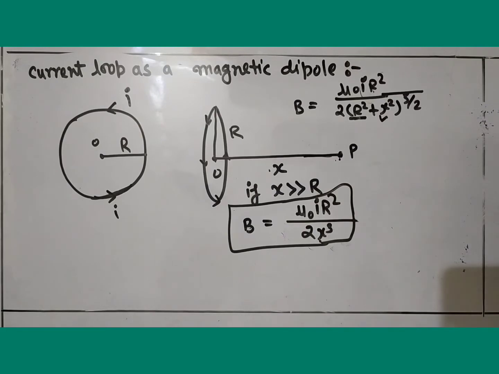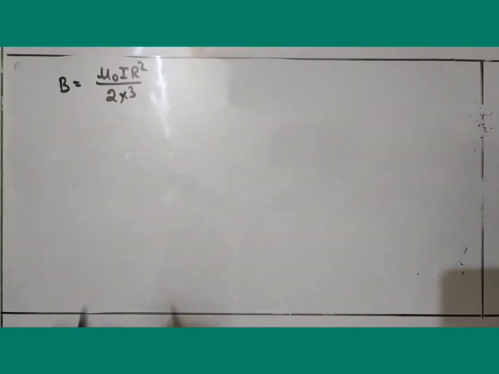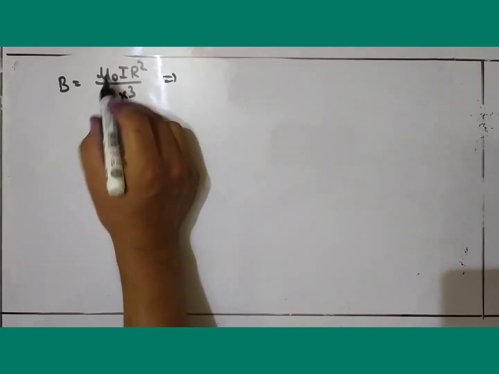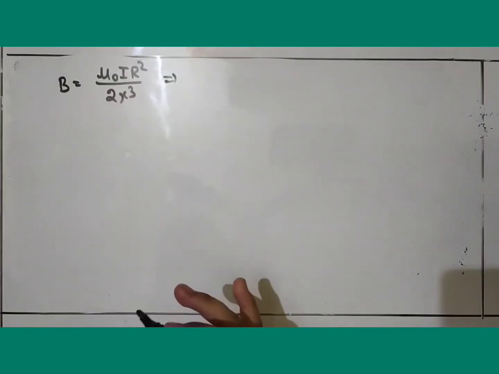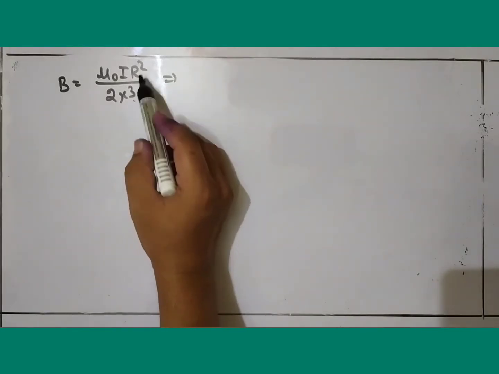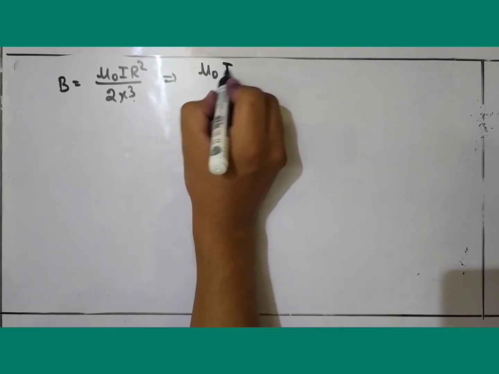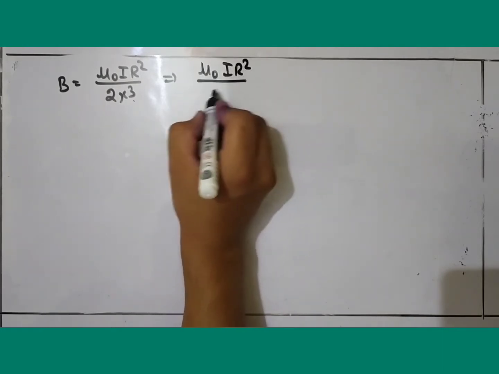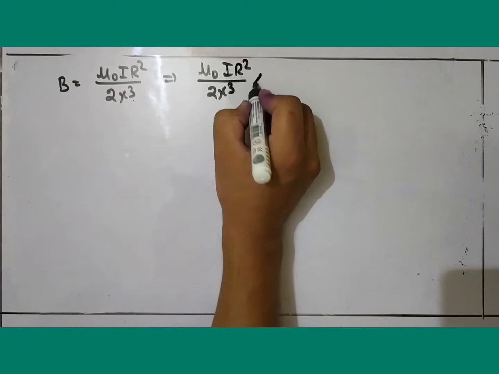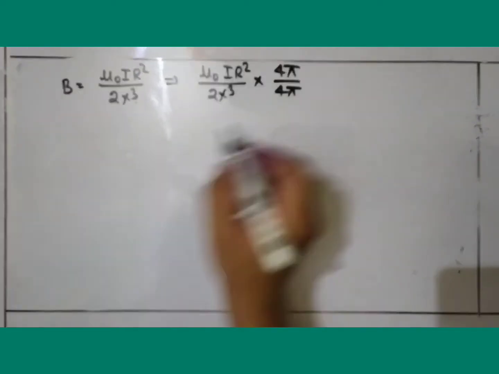Now, this is the expression for the magnetic field. Okay, now if we multiply this whole term by 4 pi divided by 4 pi, meaning multiply the numerator and denominator both by 4 pi, we can write it as mu naught I R square over 2x cube multiplied by 4 pi divided by 4 pi.